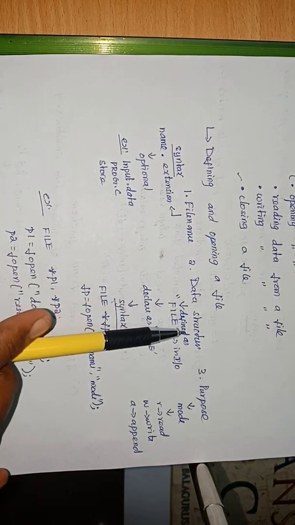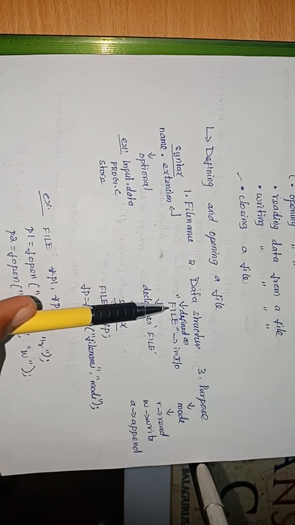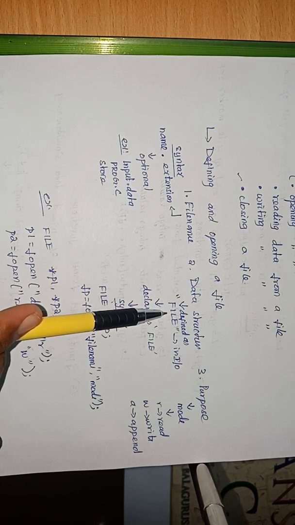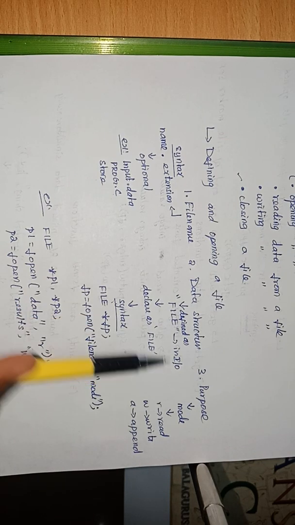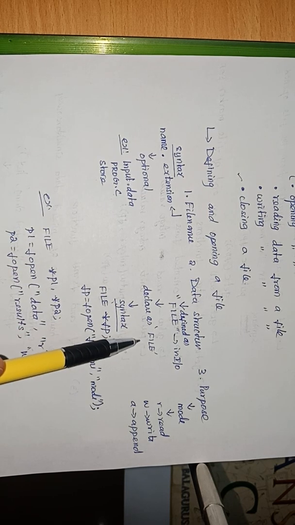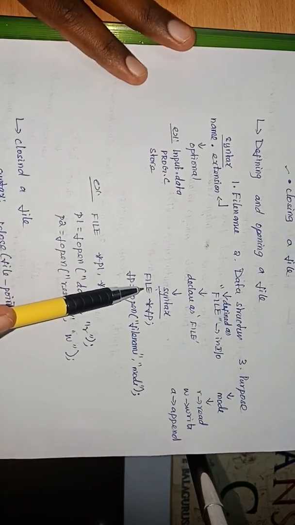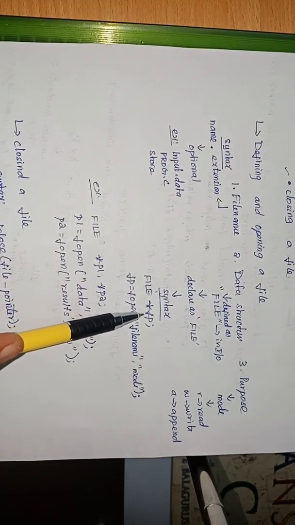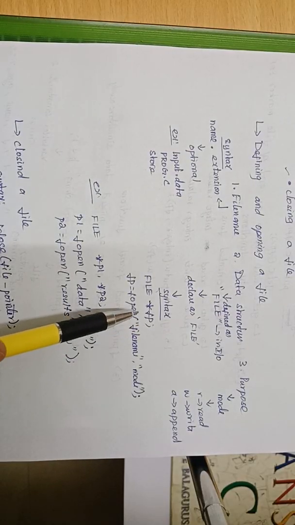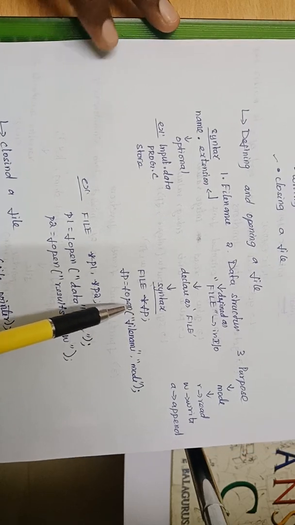Now coming to the data structure. This data structure is always defined using the keyword FILE. This FILE keyword is in the input-output functions. So whenever I want to declare a file, I have to use the keyword FILE. Here is the syntax: FILE *fp; with a semicolon at the end. What is fp? fp is a file pointer.